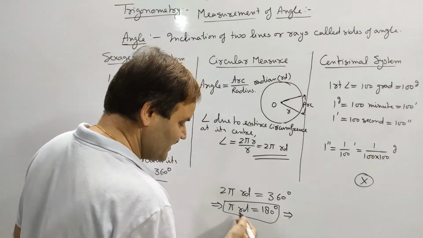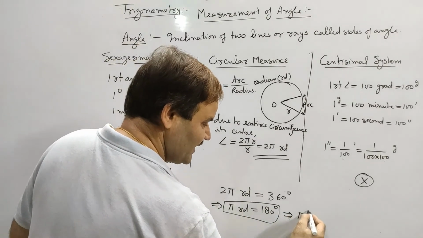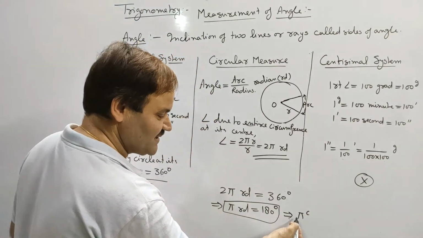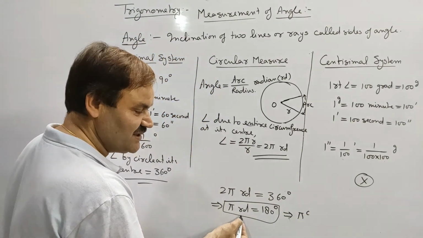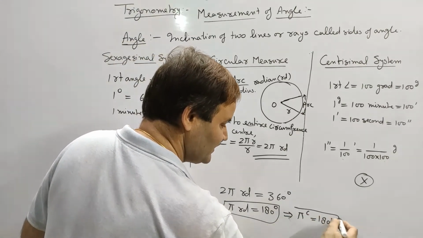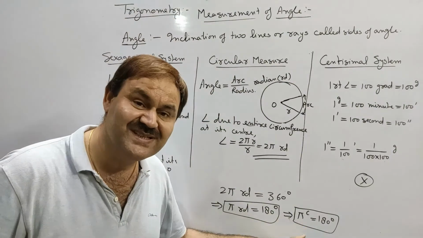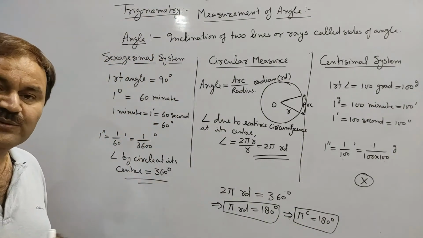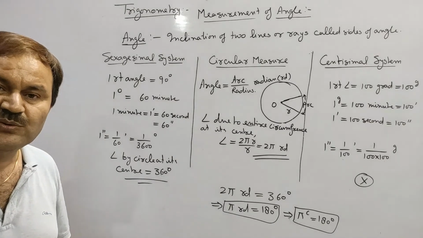This can also be written as pi, and instead of radian we may say C, meaning circular measure, and in circular measure the unit is radian. So pi radian is equal to 180 degree. Now we will use this relation to convert an angle from degree to radian or from radian to degree.